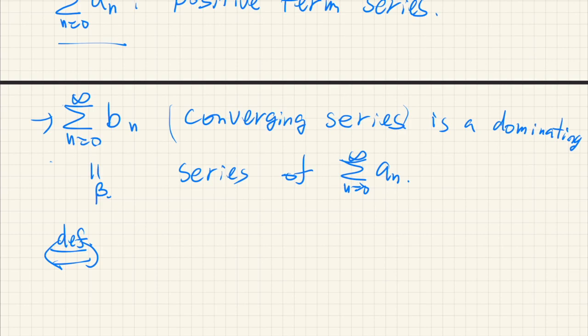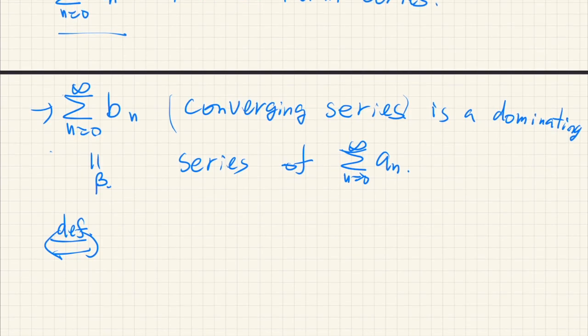That is, for every term n, where n is a natural number including 0, for all n we have a_n less than or equal to b_n.